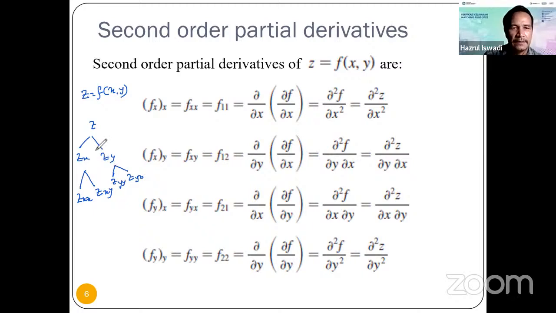It means that if we have two variables, there are four formulas for second order partial derivatives. And you can extend these formulas.